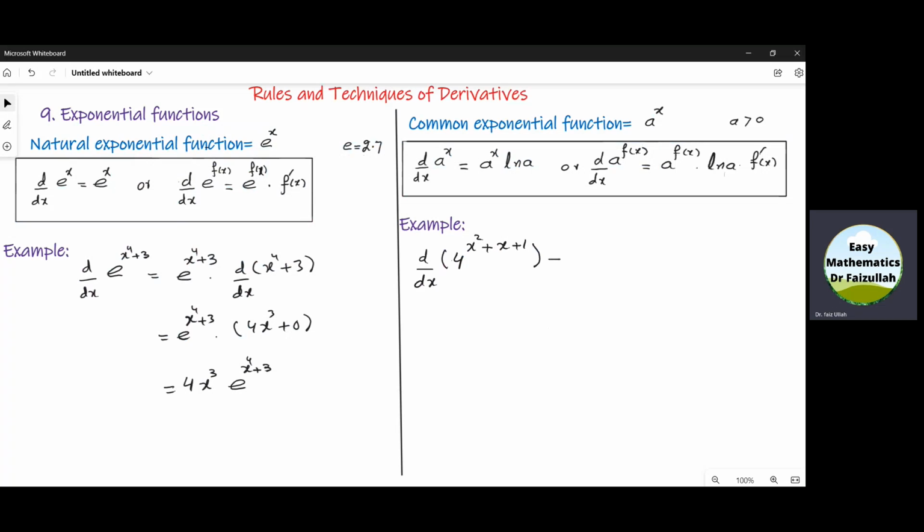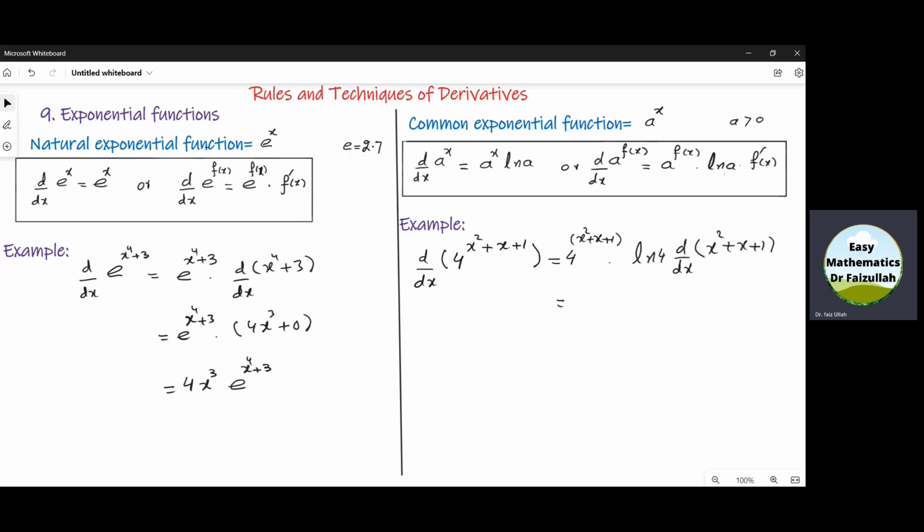So the differentiation of this according to the above formula is 4 power x square plus x plus 1 as it is, and then natural log of a, so a is 4 here, and then differentiation of f of x, which is x square plus x plus 1.